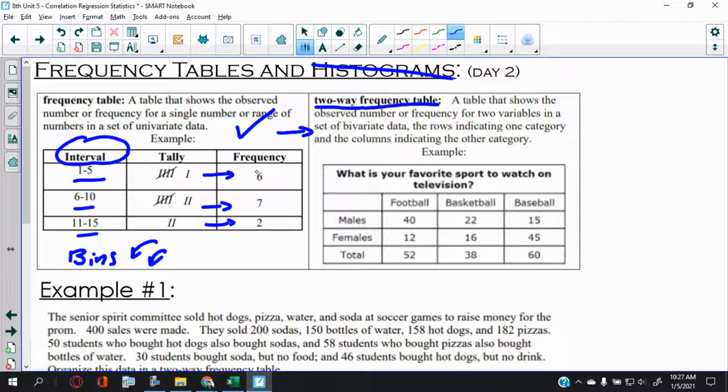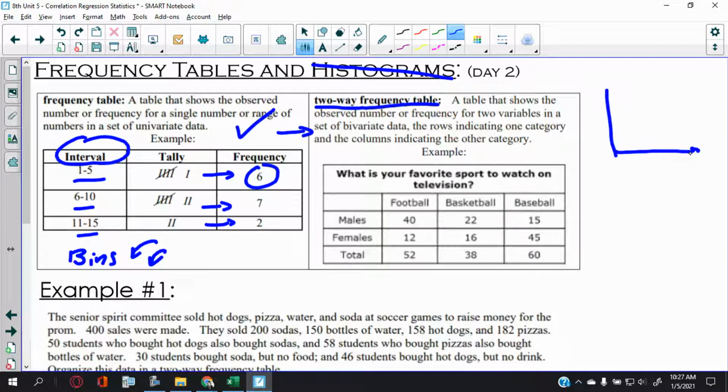In this case, 6 numbers fall there. By the way, I don't even know what those numbers are. Looking at this table, I can't tell what the numbers inside the interval are, which is one of the downsides of a frequency table.